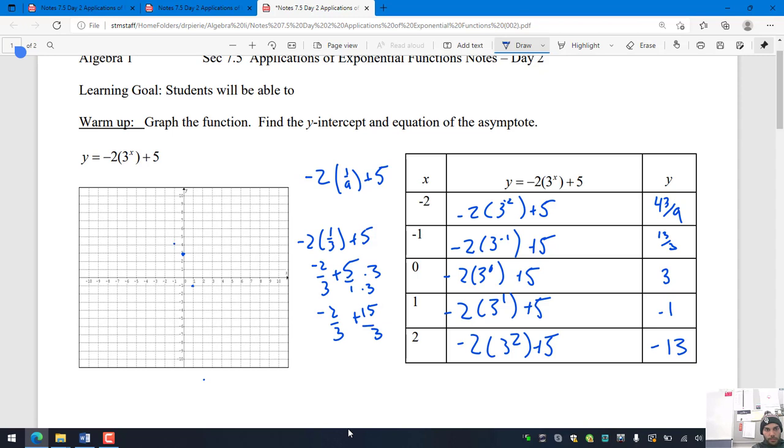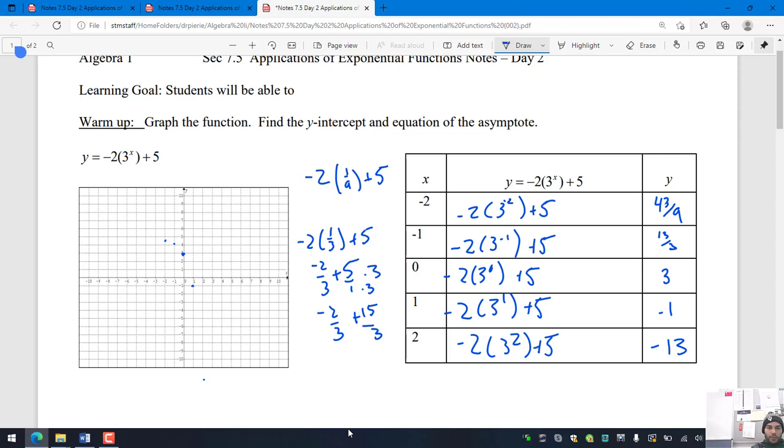Somewhere right here. And then negative 2, 43 over 9. If you plug in 43 divided by 9 in your calculator, you get something like 4.77 repeating, a number that's still a little bigger than 4, but even closer to 5. If we plot it, it should be way up here, but still below 5.